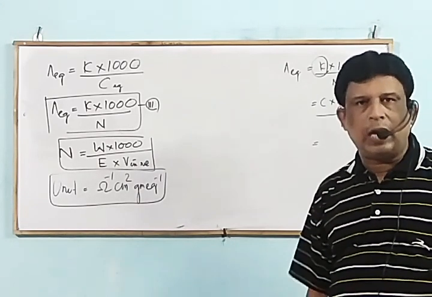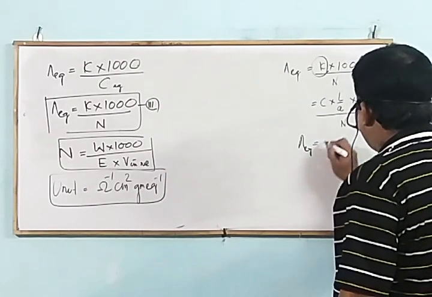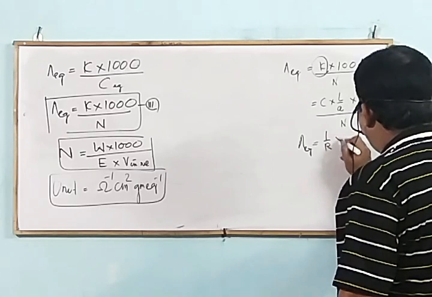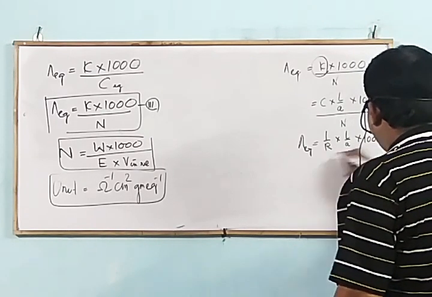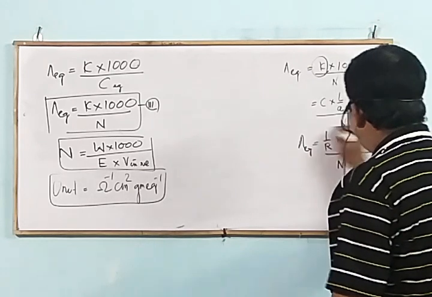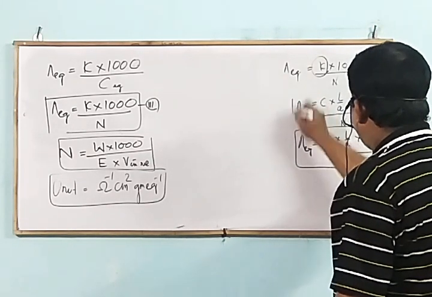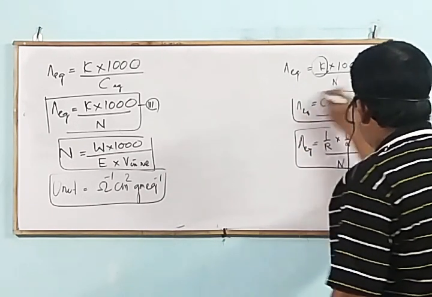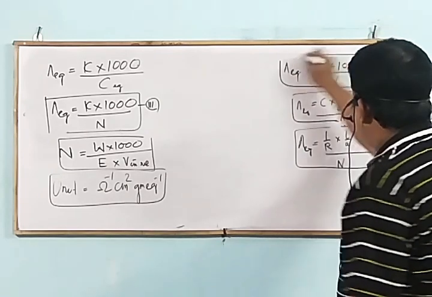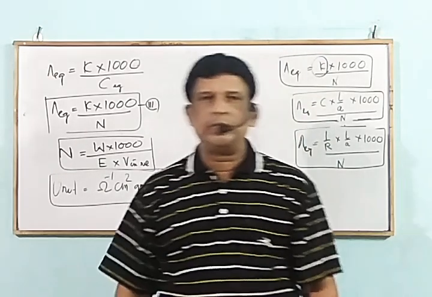It is the reciprocal of resistance. That means another formula also there: equivalent conductance is equal to 1 by R into L by A into 1000 by normality. These are the different ways of expressing the formula for equivalent conductance.